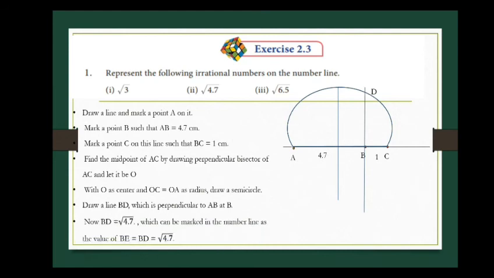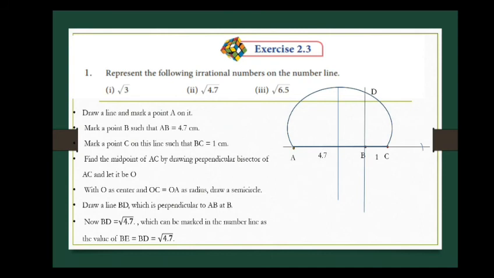So with BD as length in your compass, with B as center, mark an arc on the line. That point will be E. So BD is root 4.7. This is how we have to represent any irrational numbers on a number line.